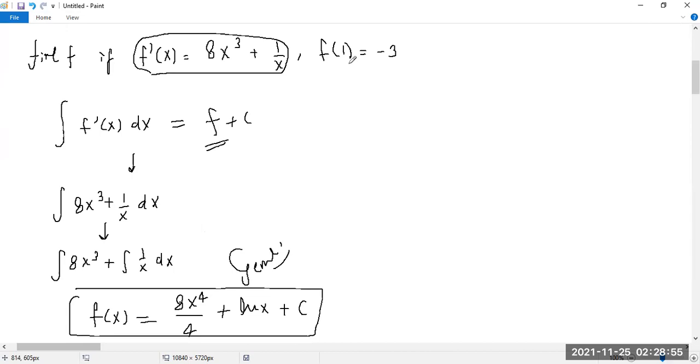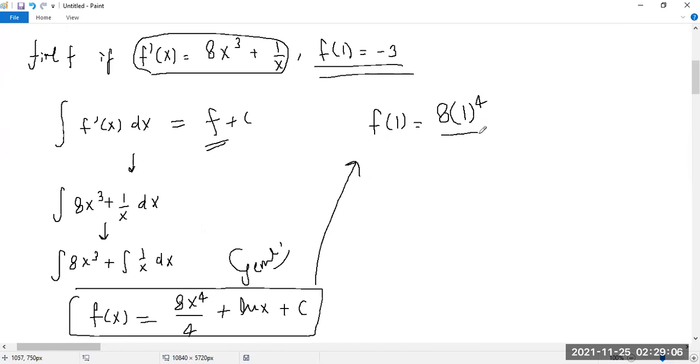I want a specific solution, which is why I'm looking here. So I'll essentially substitute 1 into the function. So I'll say 8 times 1 to the 4th over 4 plus ln of 1 plus c. I'm solving for c here. f of 1 equals 8 over 4, which is 2, plus ln of 1 is 0, plus c.